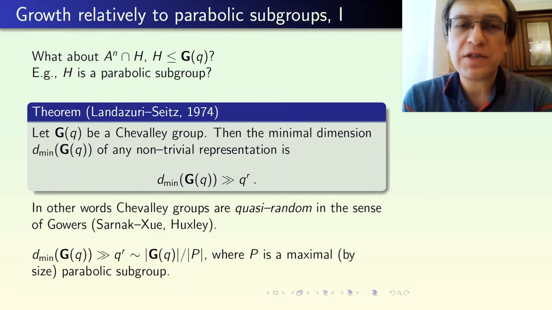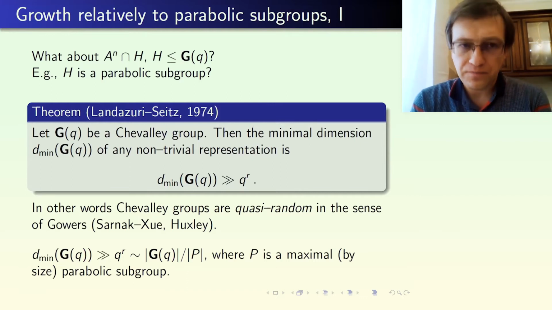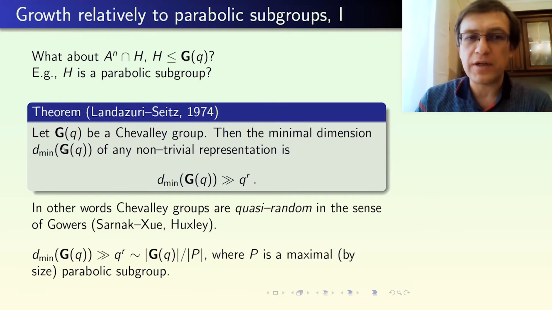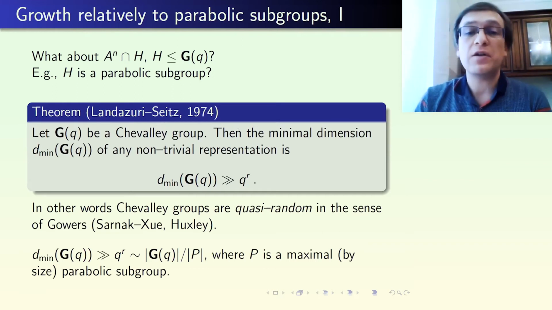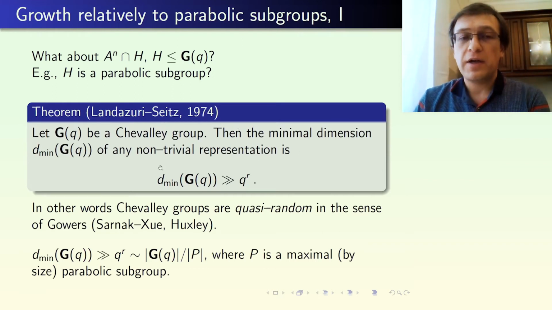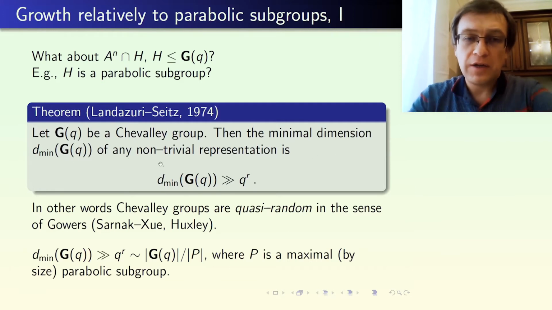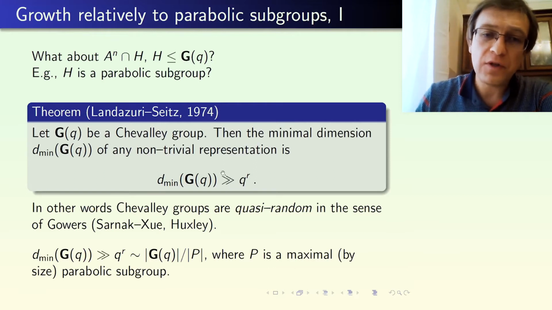There is a result in this direction. It was proved by Landazuri and Seitz that for any Chevalley group, there is the following lower bound for the minimal dimension of any non-trivial unitary representation of the following form.